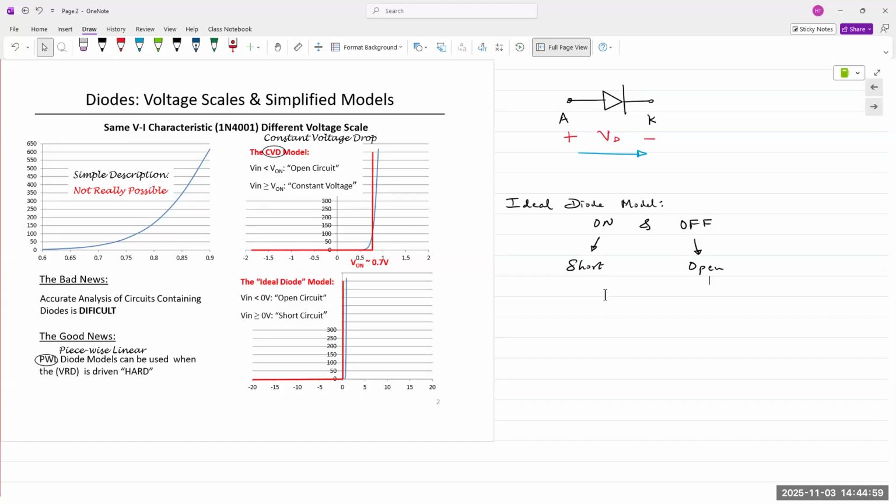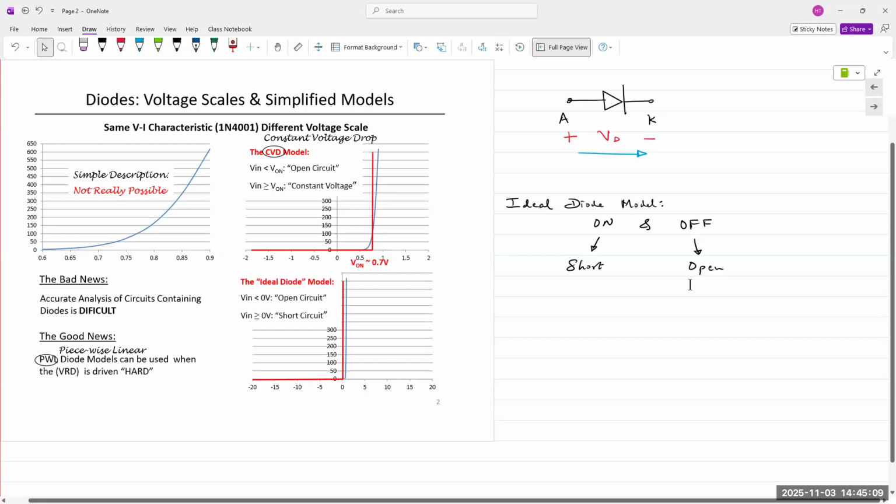So if a switch is open, can current flow through it? No, right? So the same thing, if a diode is modeled as open, no current can flow through it. So ID is 0.